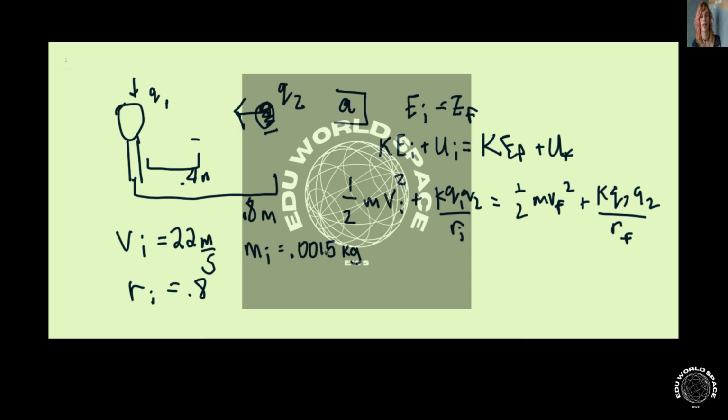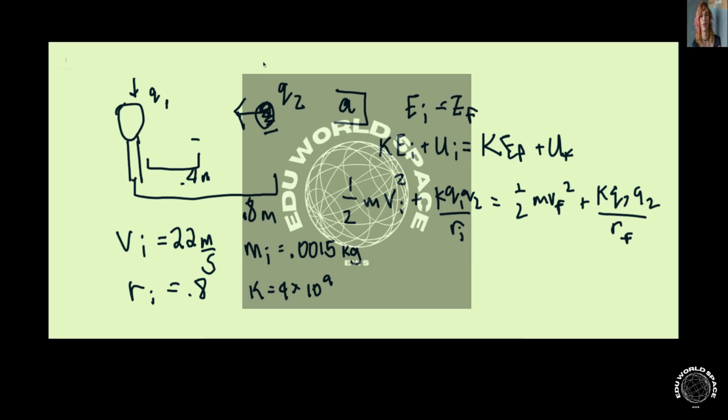And then K is your constant, the 9 times 10 to the 9. And then your Q's are given, so 2.8 times 10 to the minus 6 and 7.8 times 10 to the minus 6.